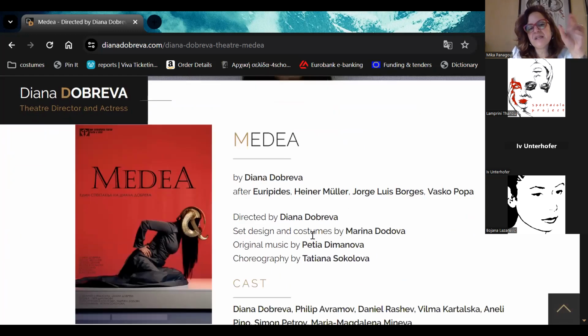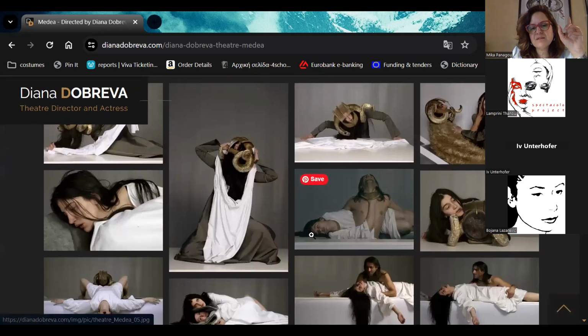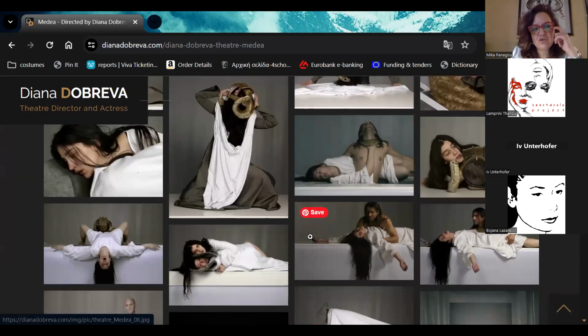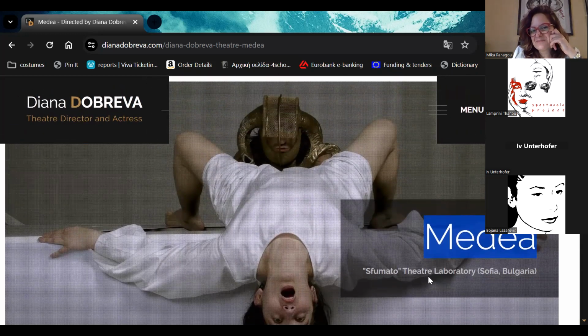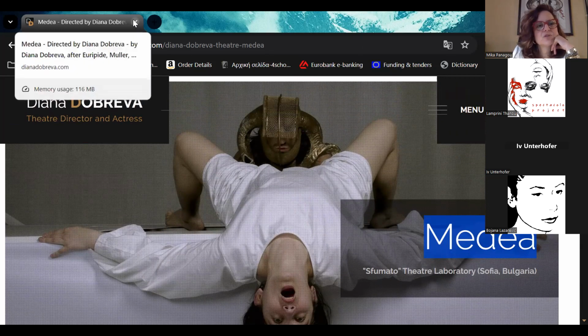And in all these pictures, right, we have not seen the children, but the children are here. So they are here. I think about Medea and drama today, we covered most of what I would like to say.